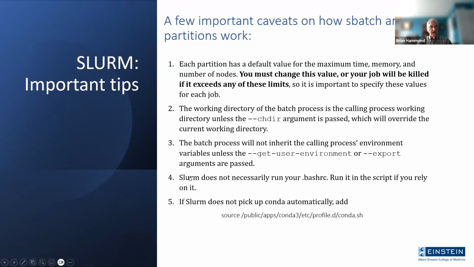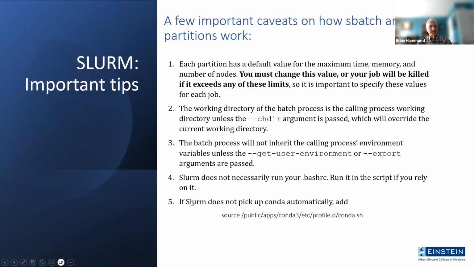Also, Slurm does not necessarily run your bash RC. So if you have some really important stuff sitting in bash RC that needs to get run, you should probably source this. It actually runs your bash profile, which is a little bit different. And this can sometimes cause trouble, especially with things like Conda.